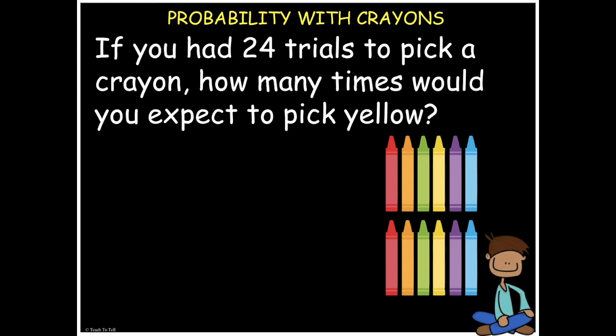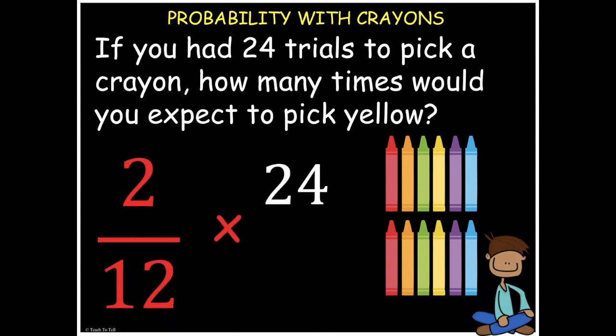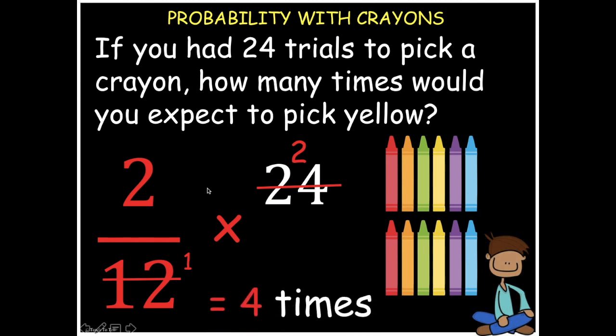If you had 24 trials to pick a crayon, how many times would you expect to pick up a yellow? 12 total different options, 2 out of 12, and I'm doing it 24 times. I'm going to multiply it by 2 because 12 times 2 goes to 24. 2 times 2 is 4.